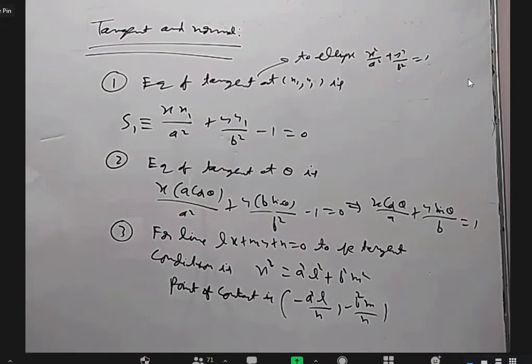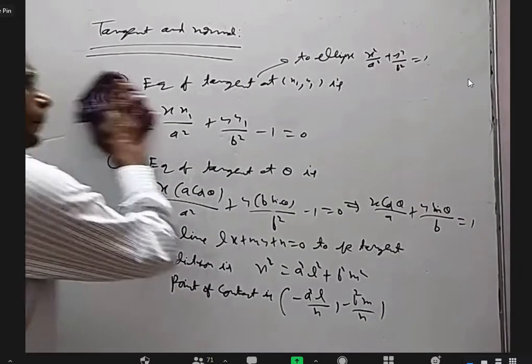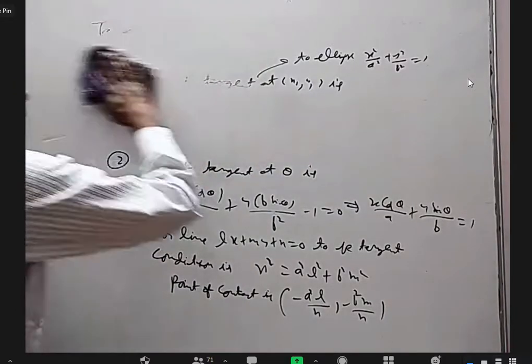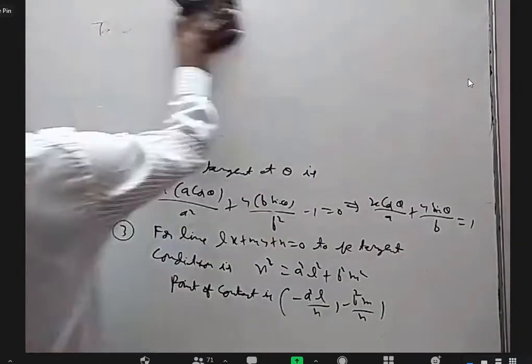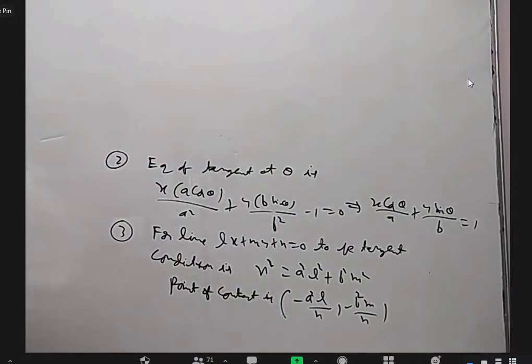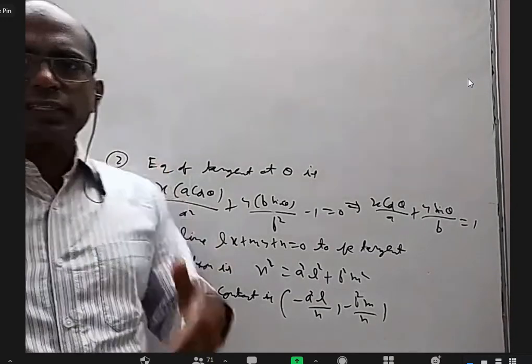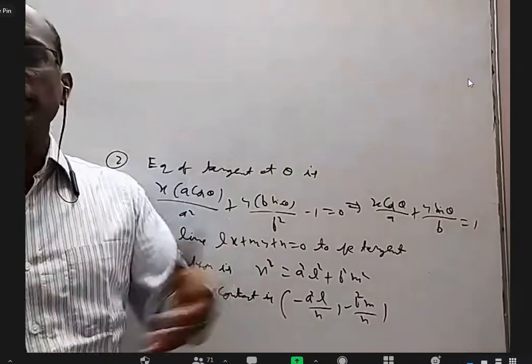Okay, let us see some explanation for the third one. Whenever you want to know whether a line is tangent or not, the condition is very simple. If you don't know anything, I compare with the general tangent.